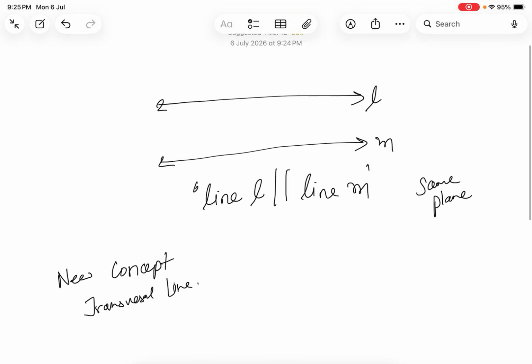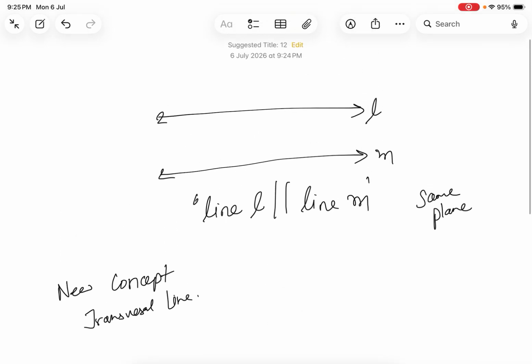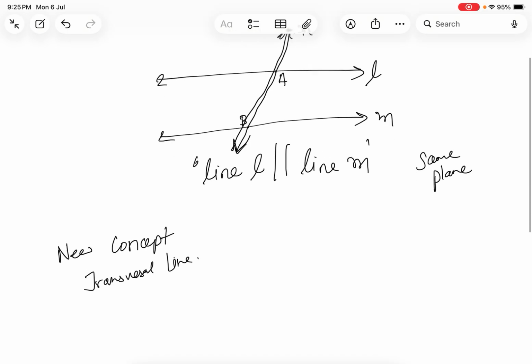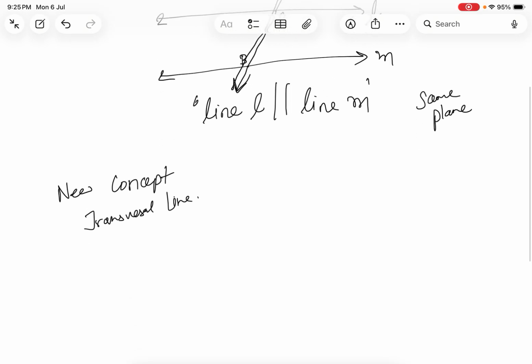Now, as I have drawn these two lines, line L and line M, if I draw one more line passing through both the lines L and M at two distinct points, say A and B, then I can call this particular line, line N, a transversal to lines L and M. So what is a transversal line? Any line that is passing through two lines at two distinct points can be known as a transversal line.